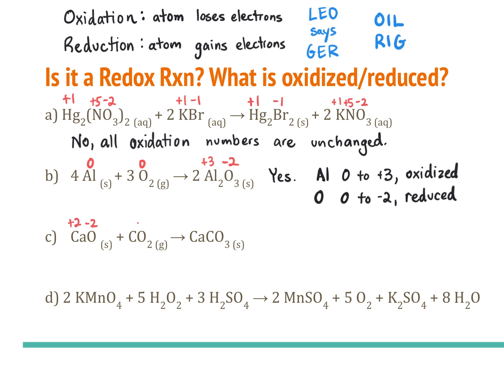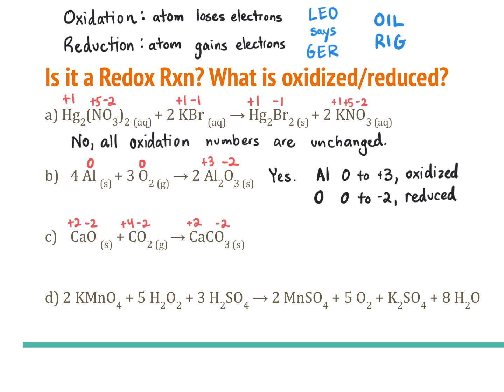For carbon dioxide, oxygen's -2, and if there's 2 oxygen, each with a -2 charge, or oxidation number, carbon's oxidation number would be +4. Now if we come over and look at the products, oxygen has a -2 oxidation number, calcium tends to be +2, so if I work my way towards the inside, I've got -6 and +2.